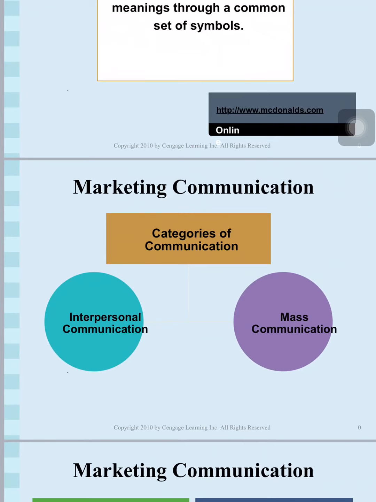Okay, so interpersonal communication is basically direct communication, like face to face communication between two or more people. Mass communication involves communication with a large audience.